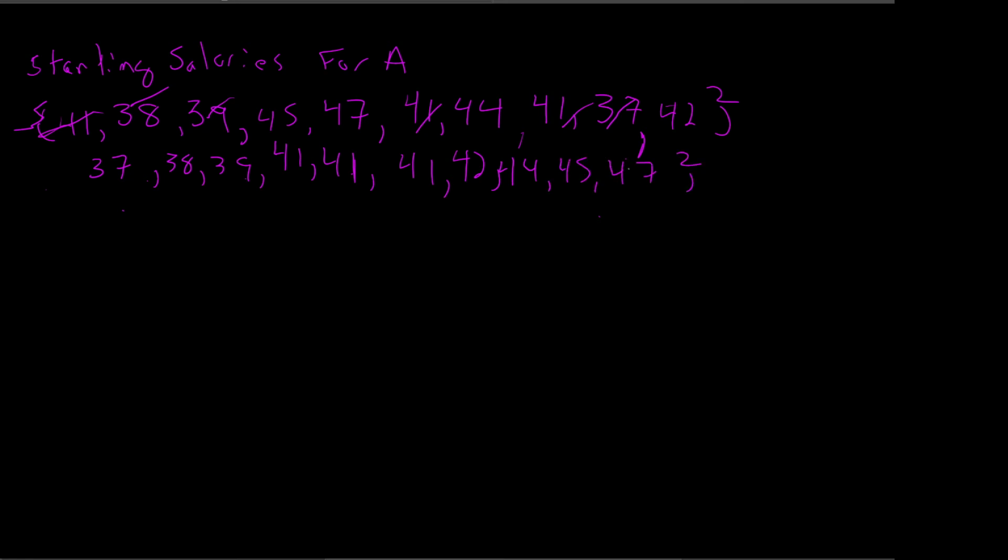Let's see if that's right. 42, 44, 45, and 47. And so some things we might visually see here is 41 is definitely a mode. And then if we look at the median's around here somewhere too. And these are things we'll look at more. But we see clearly that the starting salaries for A has a range of x sub max minus x sub min, which is 47 minus 37, or a range of 10.